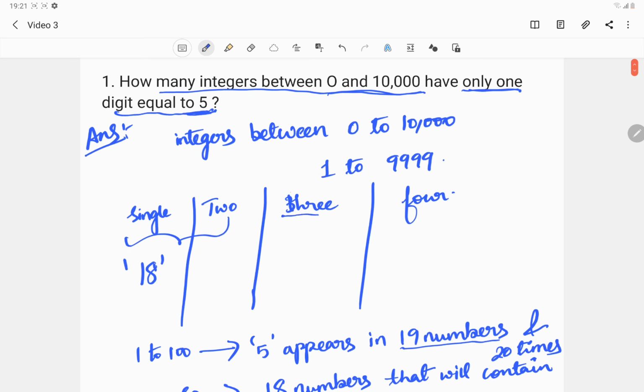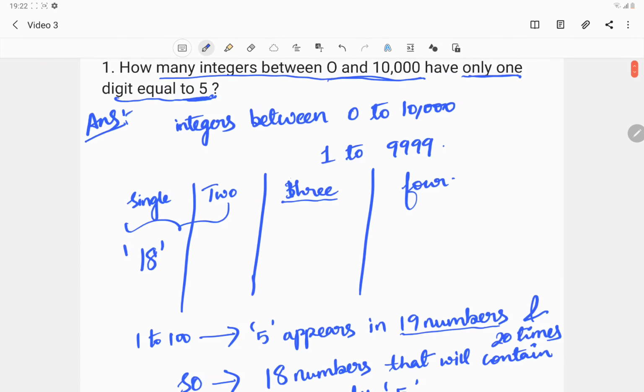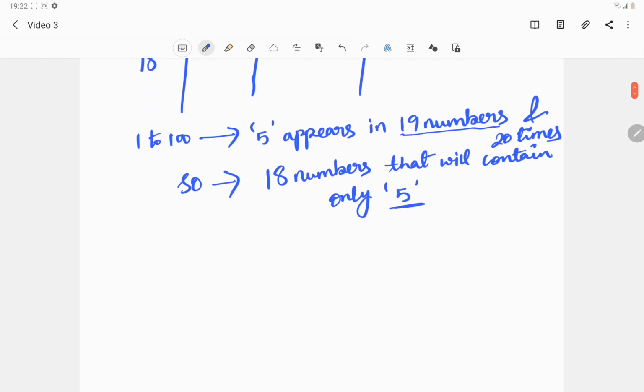Next, for 3-digit numbers, they start from 100. So from 100 to 200 there will be 19 numbers in which 5 appears, and in one of the numbers it appears twice, so we need to subtract that number, so there will be a total of 18 numbers.